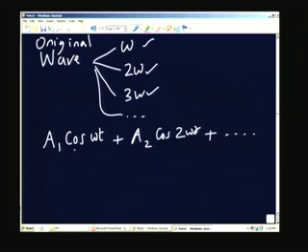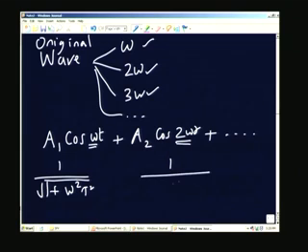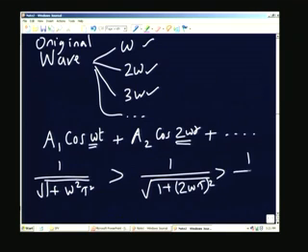The first component is at omega, the second one is at 2 omega, and if you remember, the amplitude reduction factor for the first will be 1 over square root of 1 plus omega squared tau squared, and for the second this will be 1 over square root of 1 plus 2 omega tau whole square. That means that this is greater than this, and this will be greater than the third term, which will be 1 over square root of 1 plus 3 omega tau whole square, and so on.